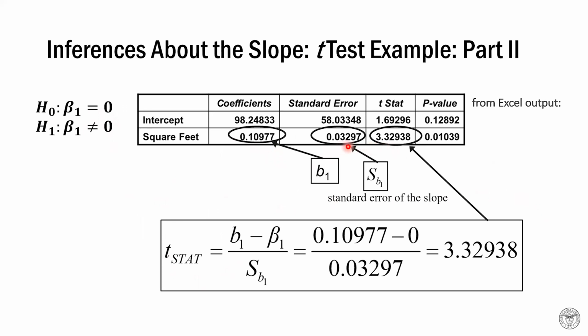So using the t-statistic equation, we have t-stat equal to b sub 1 minus beta sub 1 over capital S sub b sub 1, which equals 0.10977 minus 0 over 0.03297, which equals 3.32938, exactly the same as shown in this table from Excel.